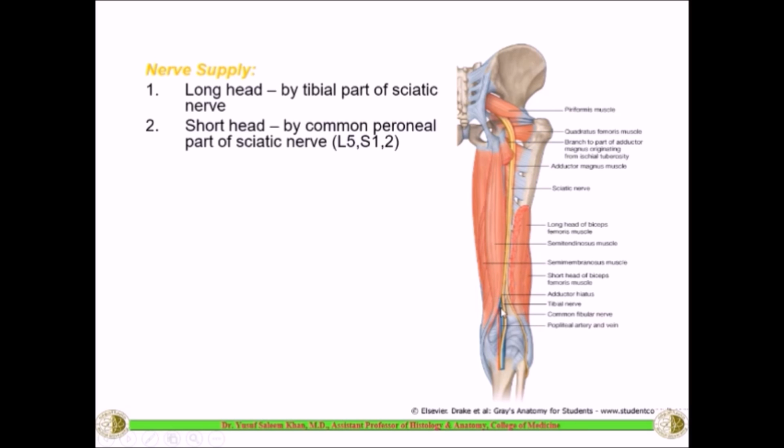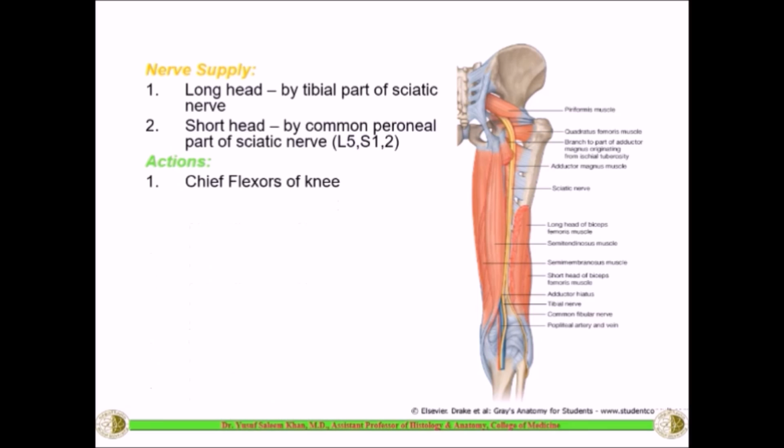It divides into the tibial part as well as the common fibular part or peroneal part. So all these three muscles are supplied by the tibial part of the sciatic nerve, but only the short head will be supplied by the common peroneal part of the sciatic nerve with the root values L5, S1 and S2. So this is the only difference in the nerve supply among these three muscles.